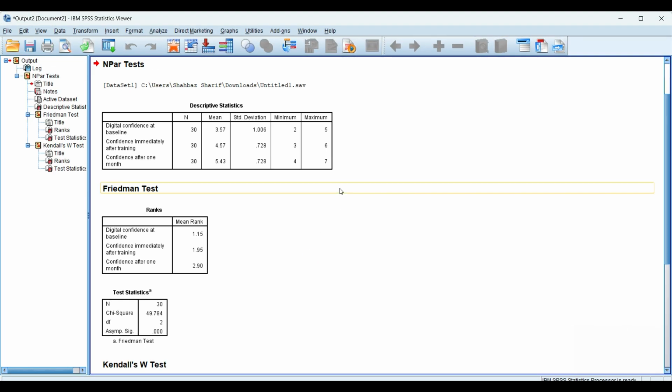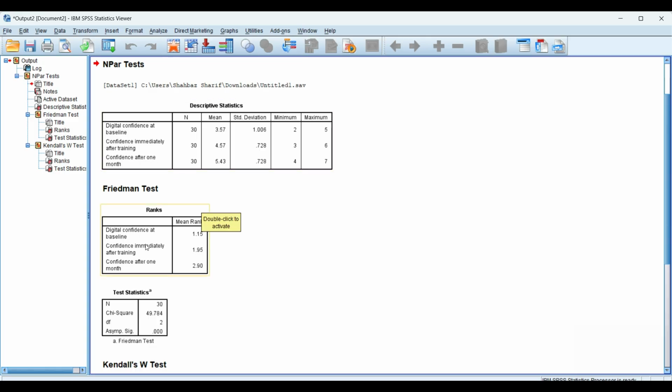We can see here the digital confidence at baseline mean is 3.57, confidence immediately after training is 4.57, and confidence after 1 month is 5.43. So the descriptive statistics showed a consistent increase in confidence from baseline to after 1 month.